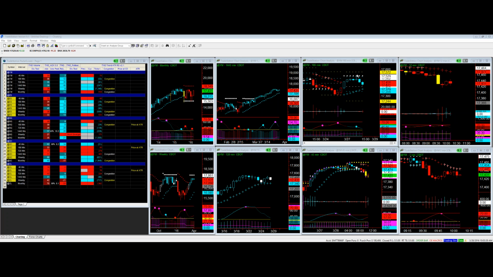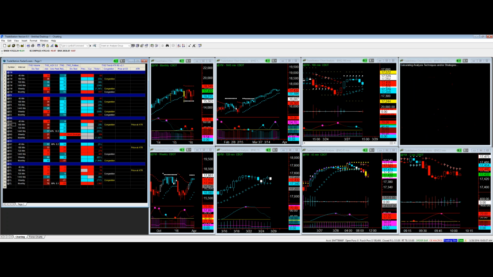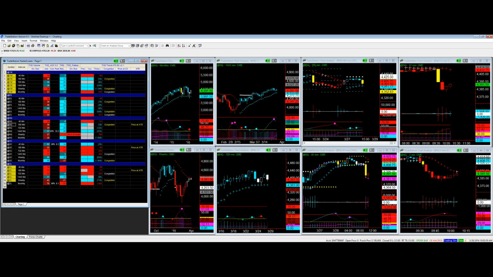Now, I told you all of my entries come off of a congestion dot or an ATR. Well, you have price at congestion dot and price at the ATR. So I know at a glance 3 trade setups right now on the futures. One is on the NASDAQ 180-minute chart.